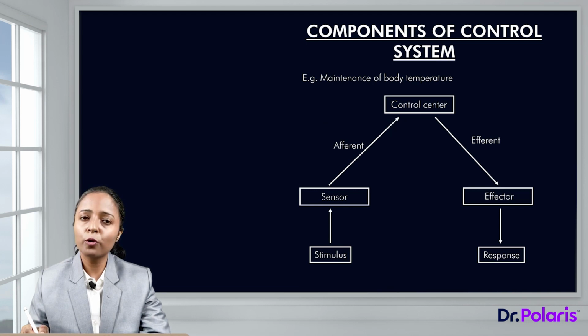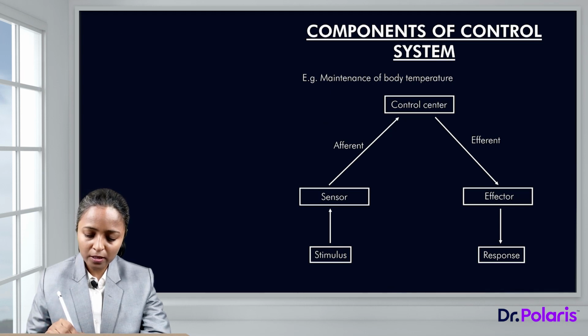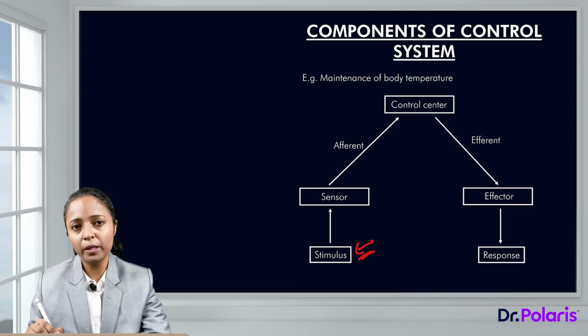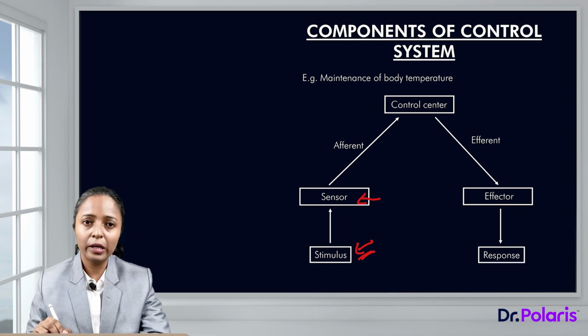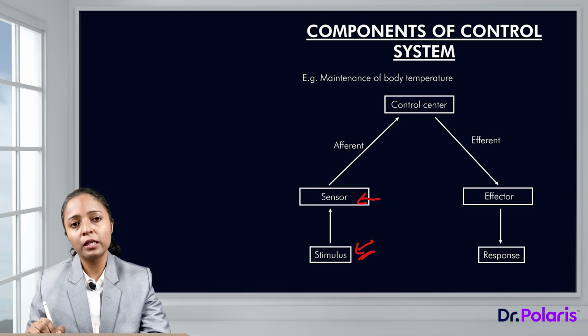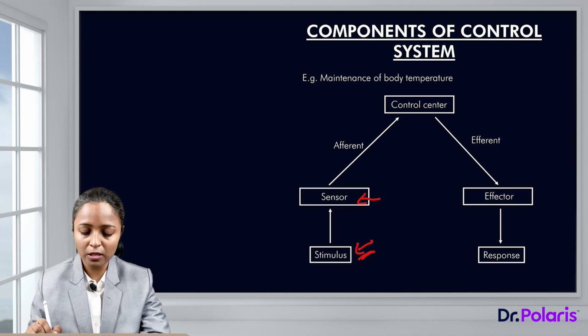Well, this is brought about by the various components of the control system. So there is a stimulus, right? That stimulus is basically the variable. So whatever is the present state of the variable is sensed by a sensor, right? There can be chemosensors and mechanosensors, which can detect deviations in the chemicals, that is the chemosensors, and detect any deviation in, say, shear stress, that is the mechanosensors.